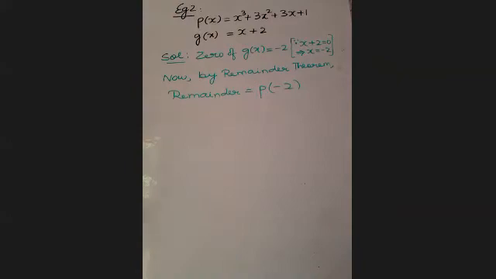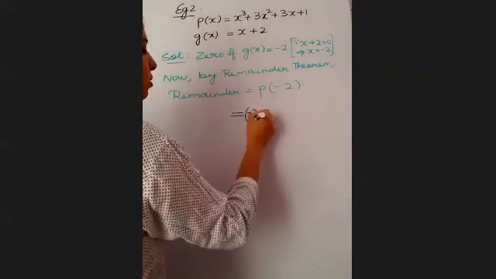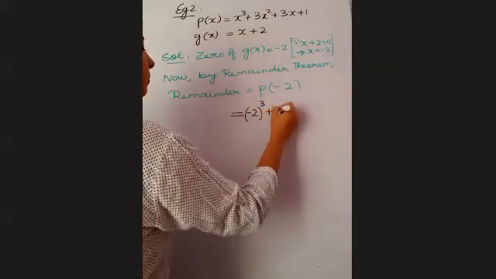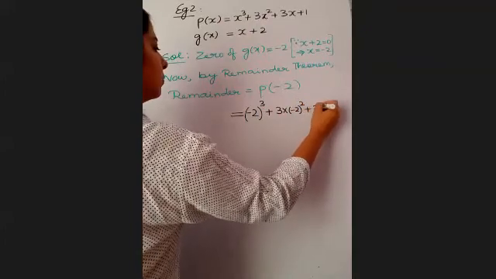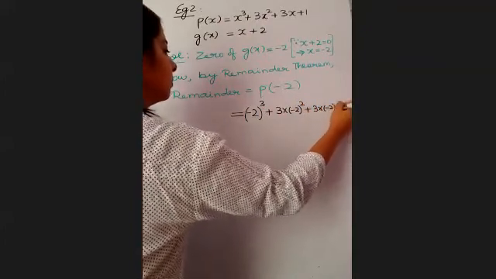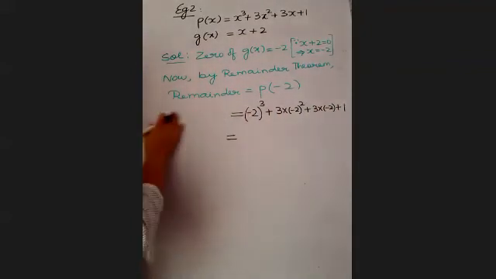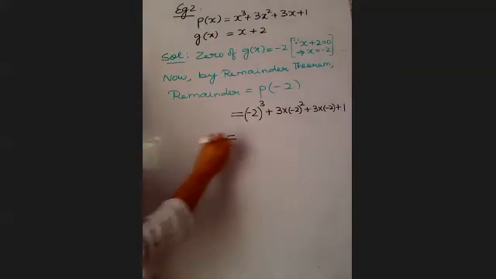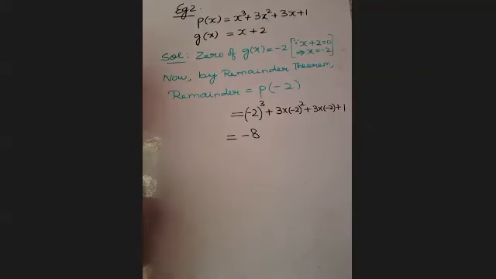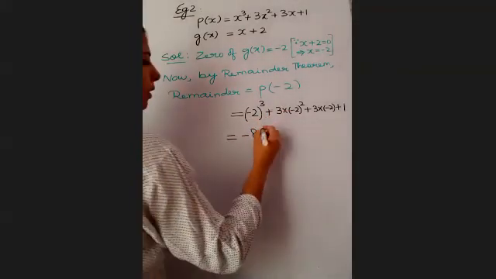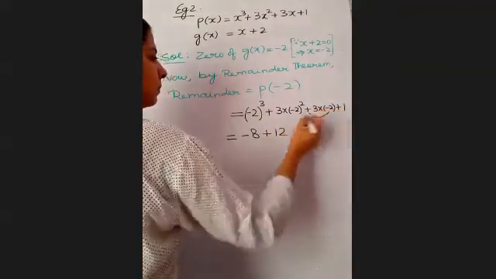Now let us calculate p of minus 2. So in place of x, we shall put minus 2. Now what is the cube of minus 2? Minus 8. Minus 2 squared is 4, and 4 into 3 is 12.